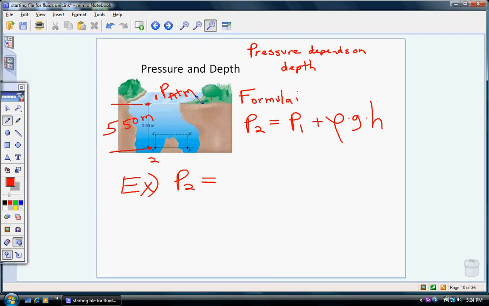So the pressure at the top there is going to be 1 times 10 to the 5th pascals plus the density of the fluid, in this case it's water, so that's going to be 1 times 10 to the 3rd kilograms per meter cubed, times the acceleration due to gravity, 10 meters per second squared, times the depth, 5.50 meters. And can I get a little help with that calculation?